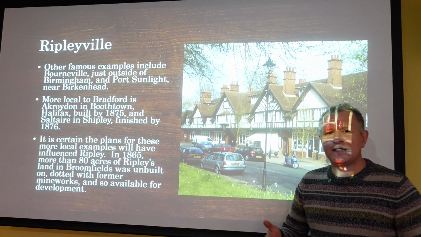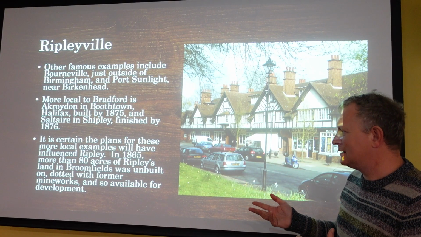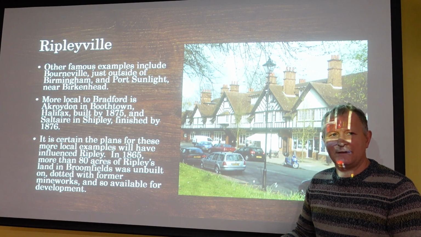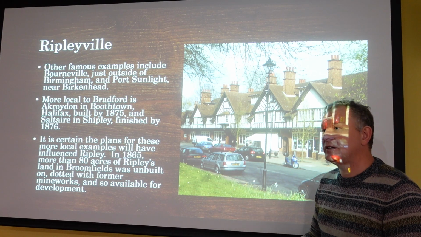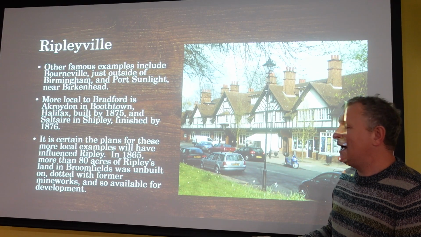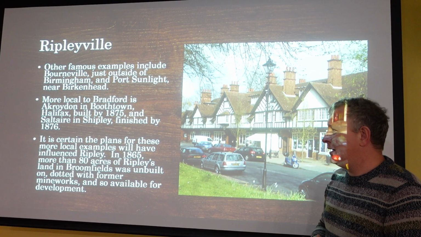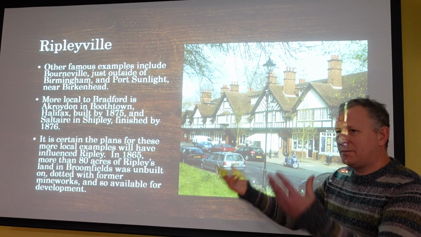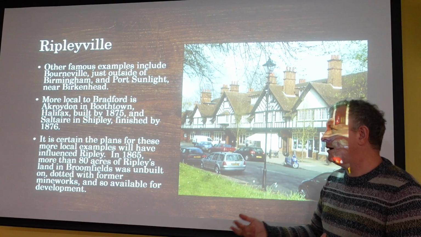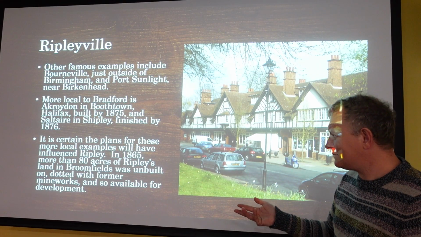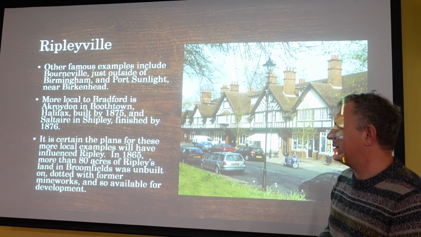As we've said in previous sessions, it looks as though Salt didn't necessarily want to come to Shipley to begin with. There is evidence that he wanted to go to Skipton to build his village, and then he looked at other sites like Burley in Wharfedale and even Knaresborough. But there would have been the plans, the idea, long before the site was finalised. So this will have rubbed off on Ripley.